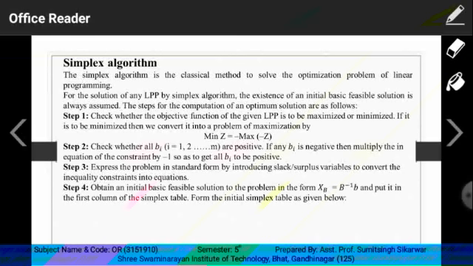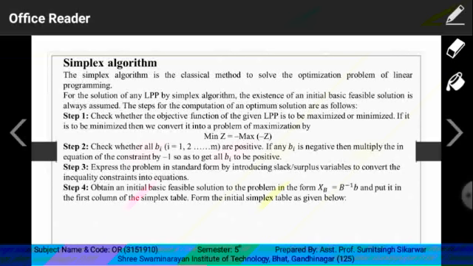Our next step is we must check whether all the bi, where i is equal to 1 to m, are positive. If these bi are negative, then we need to multiply the inequality of the constraint by -1 so that all bi become positive.